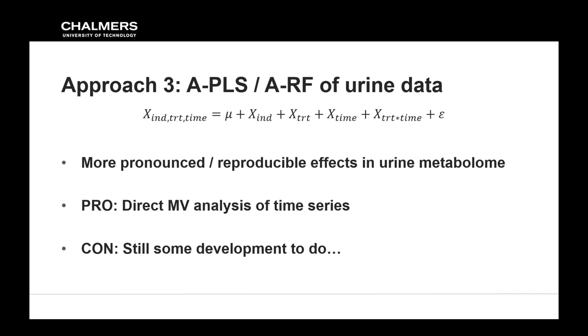It didn't really give us anything, but now that we have the stronger urine data, we think that we could probably find something here. So we can do direct multivariate analysis of time series, but on the downside, it becomes slightly more complex to look at the treatment time interactions in a supervised model, and we're not really there yet. There's still development to do before we can consider this a viable option.